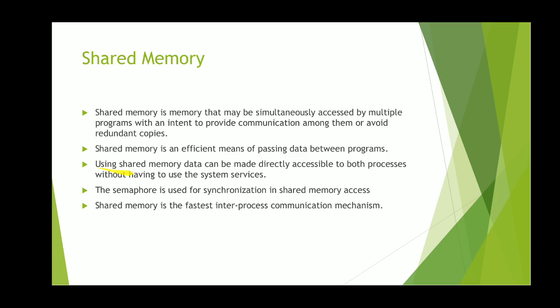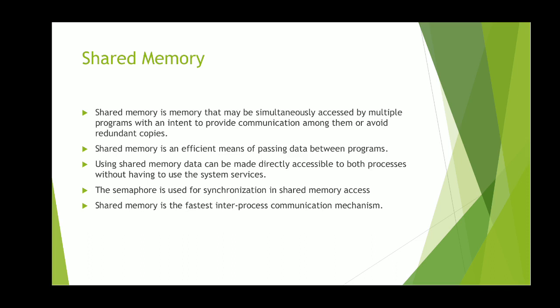So using shared memory, data can be made directly accessible to both processes without having to use system services. For the synchronization of data access between the processes, the shared memory concept uses a semaphore.